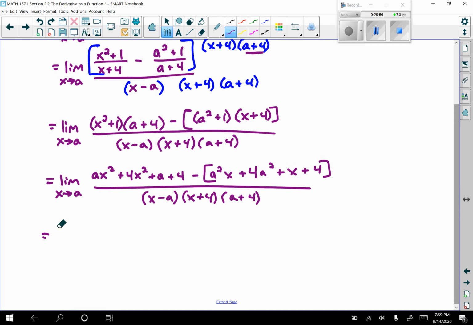Let's distribute the negative. Even if we try this the other way, what we did on the last problem, it's still going to be a lengthy process. So we have ax squared plus 4x squared plus a plus 4 minus a squared x minus 4a squared minus x and then minus 4.